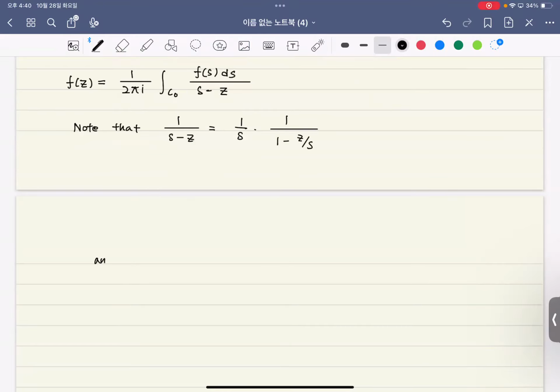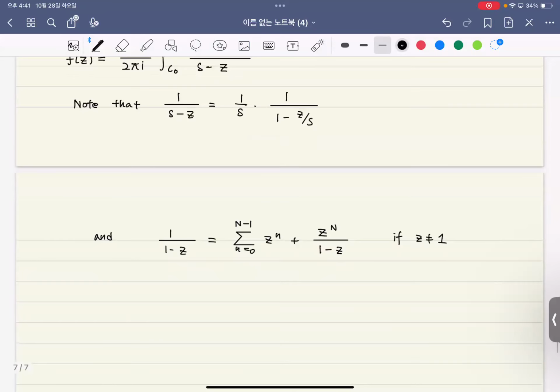And we also know that 1 over 1 minus z is the summation from n equals 0 to n minus 1 of z^n plus z^n over 1 minus z. This is just simple high school algebra, so you should be able to understand this. Of course, z must be a number other than 1.